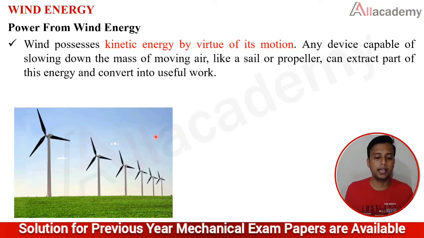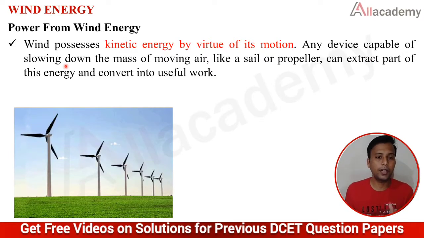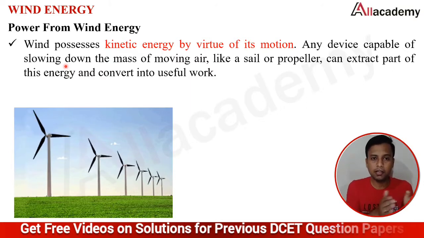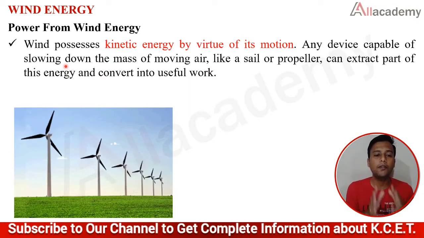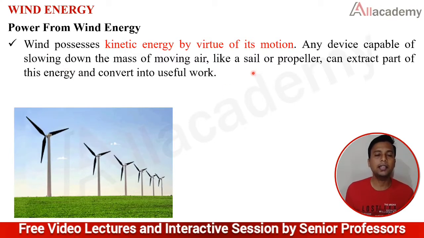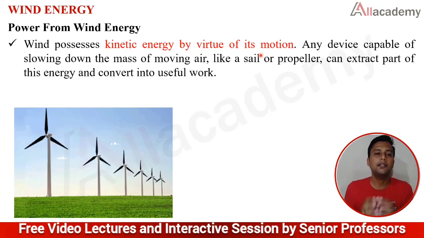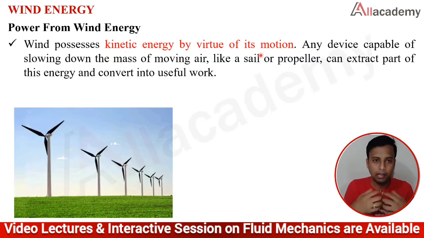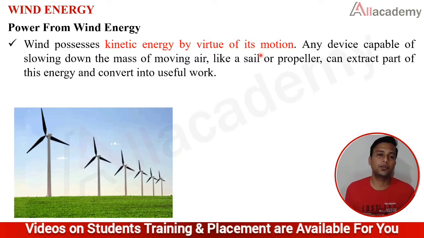There are devices capable of slowing down this moving mass of air, like a sail or a propeller. These devices can extract the kinetic energy available in the wind, so that it can be converted into some useful energy.